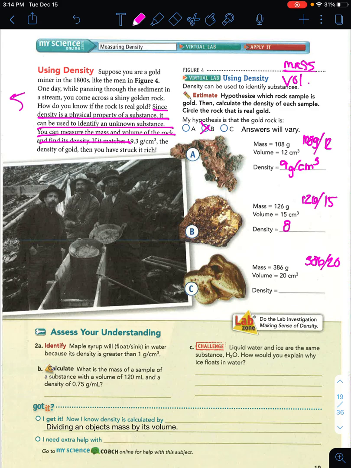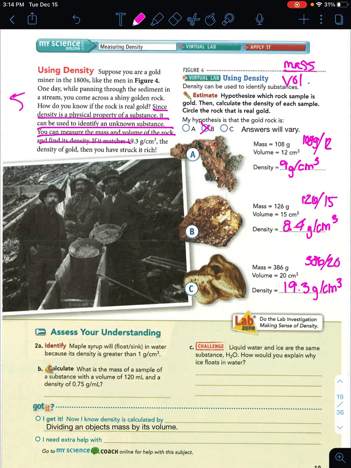That gives me 8.4 grams per centimeter cubed. I have one more. The mass is 386 grams for number C, and the volume is 20 centimeters cubed. That gives me 19.3 grams per centimeter cubed.